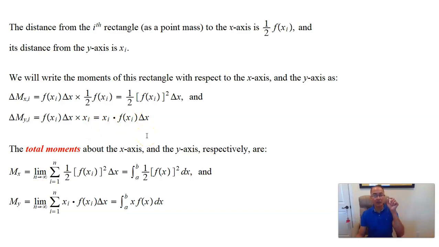Okay, so that's the moment of each subrectangle. Take the Riemann sum of each, make the limit of n goes to infinity. Voila, we have 2 definite integrals. So this represents the total moment of our plate around the x-axis, and this represents the total moment of the plate about the y-axis.